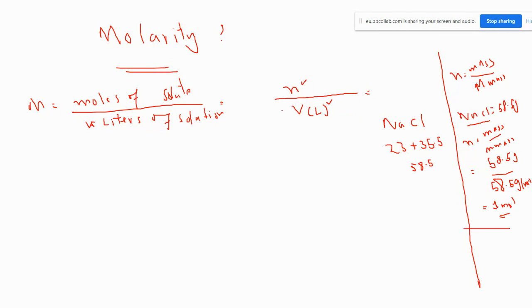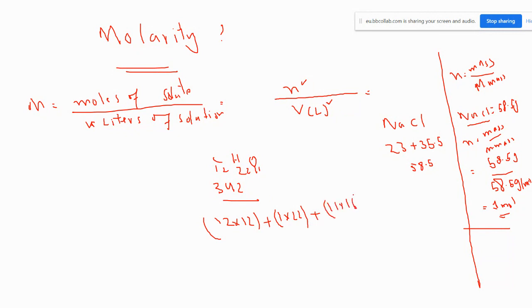But suppose we have sugar, whose molar mass is 342. Why? Because we have C12H22O11. So 12 multiplied by 12, plus we have 22 hydrogen, so 1 multiplied by 22, because hydrogen atomic mass is 1, plus 11 oxygen, 11 multiplied by 16 for each oxygen.